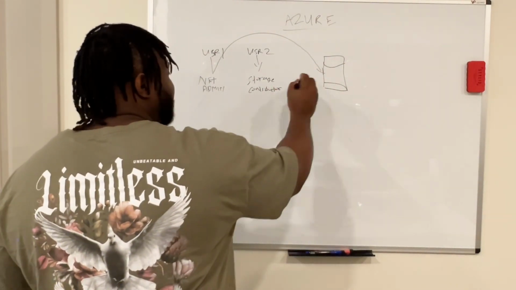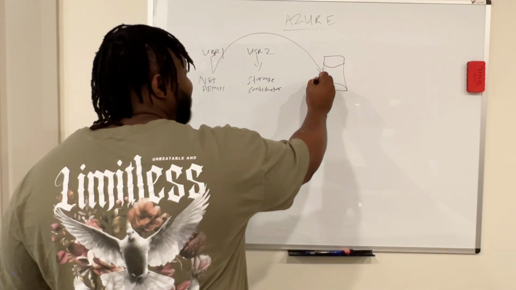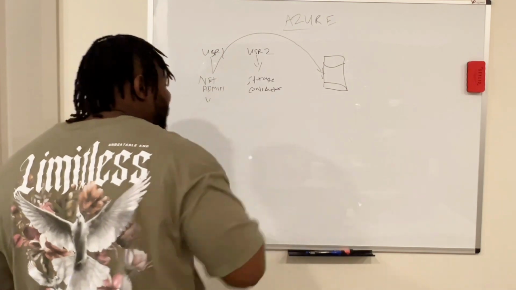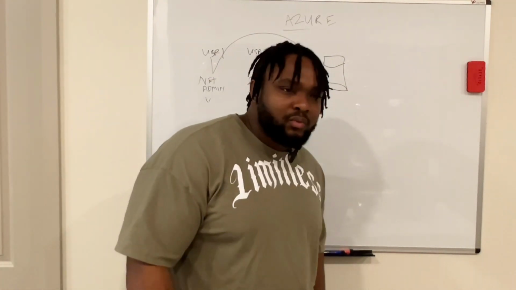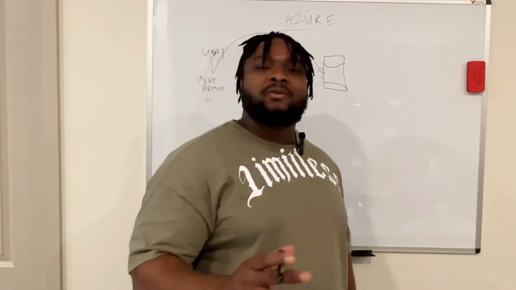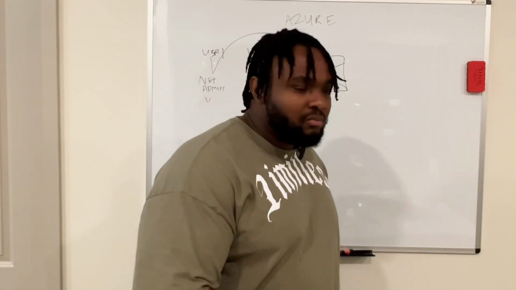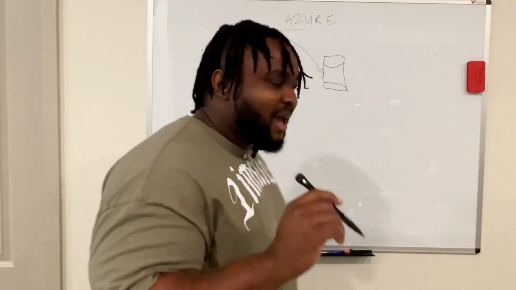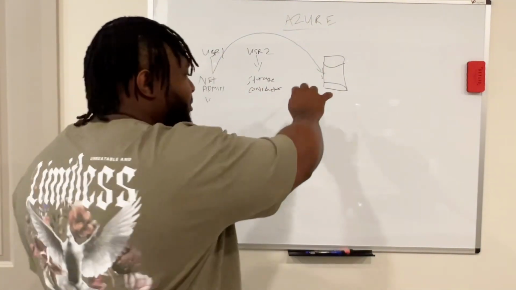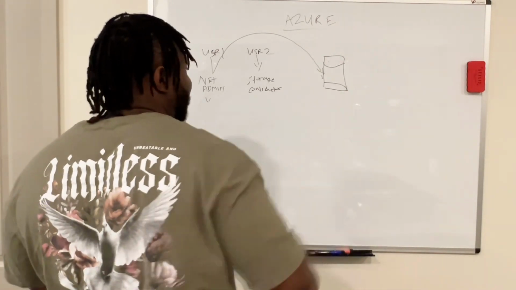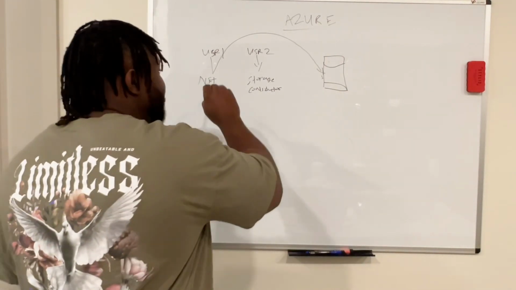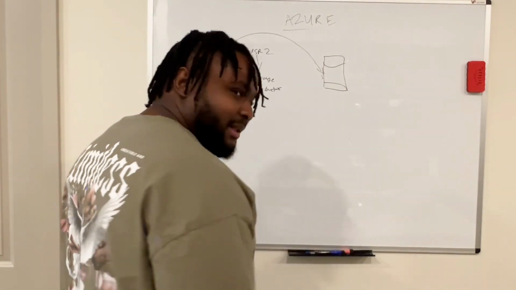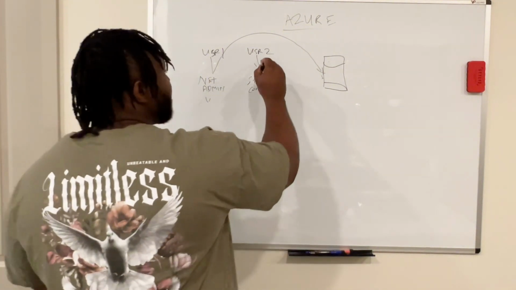What I have assigned to them is a network administrator role. What they can do with it is create a VNet, monitor your network and all that. But they cannot perform any read, write, or delete actions on this storage account. The person who can access my storage account at this point is user two.